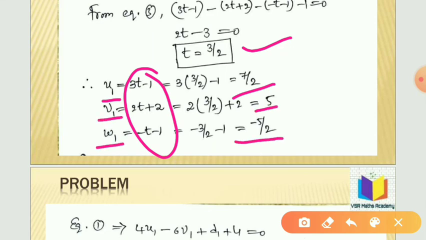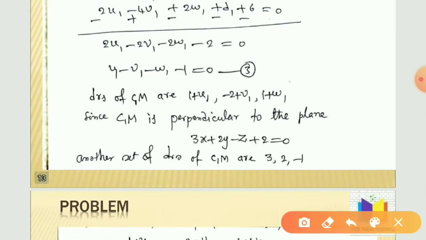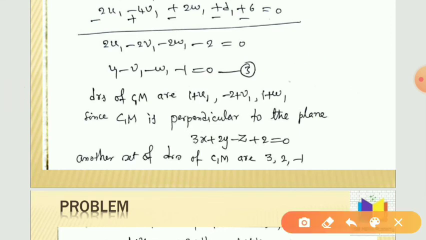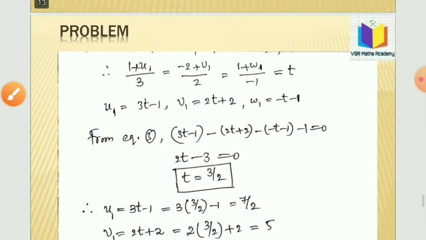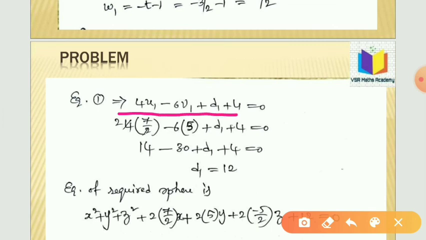Now take equation number 3, u1 minus v1 minus w1 minus 1 is equal to 0. Take equation number 1, 4u1 minus 6v1 plus d1 plus 4 is equal to 0.